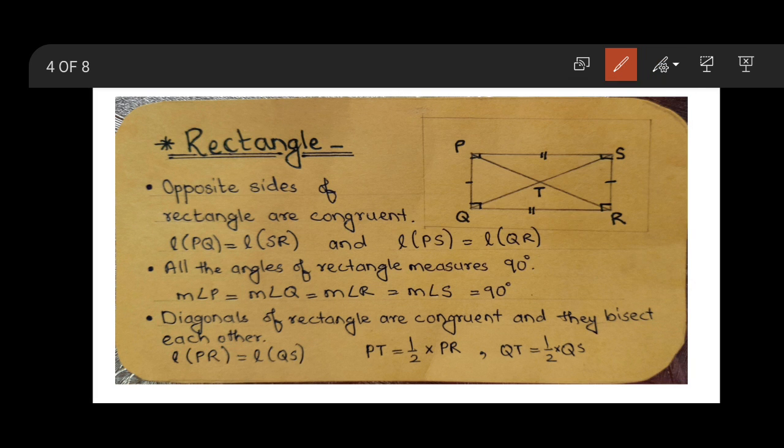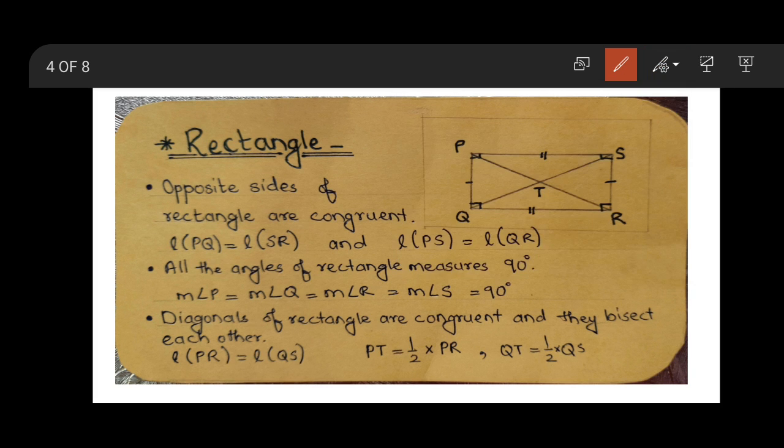You can say QT is equal to TS, PT is equal to TR, or you can say QT is half of QS, TS is half of QS and PT is half of PR and TR is half of PR.